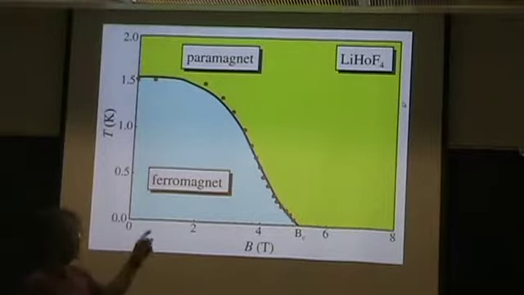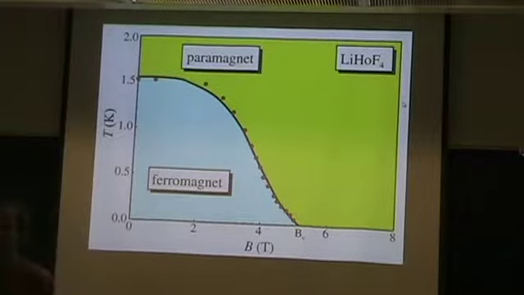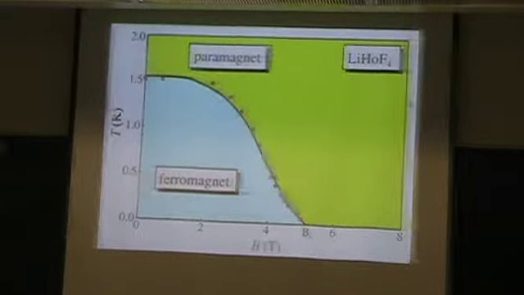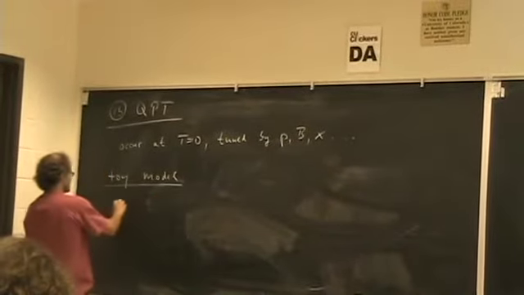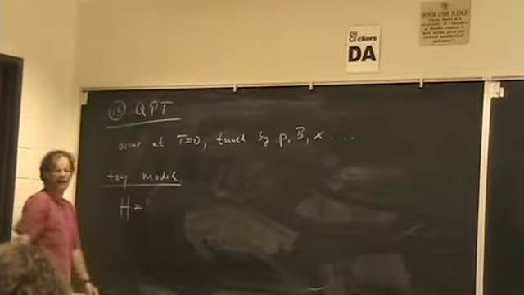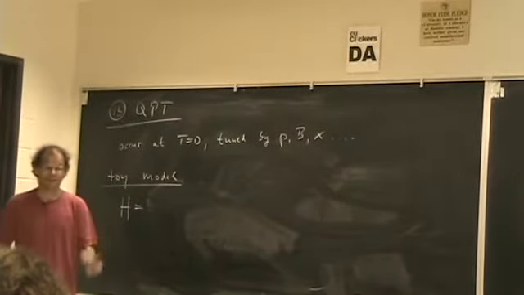So what ingredients do we need? We need some interactions, right? To produce ferromagnetism in the first place. So we could write down a classical Ising model. So let's make a toy model. And one part of the Hamiltonian has to be something like a classical Ising model.